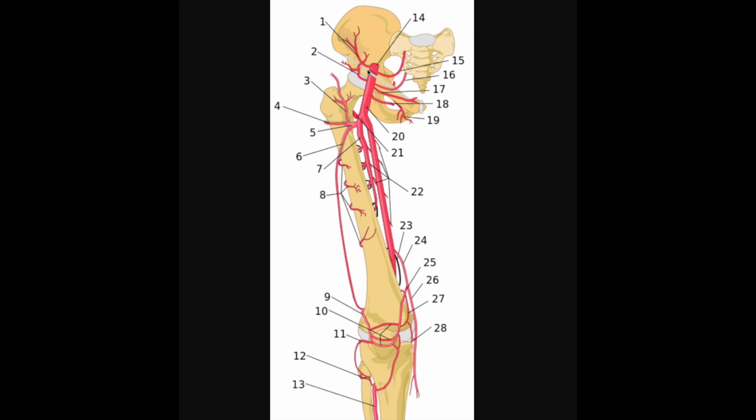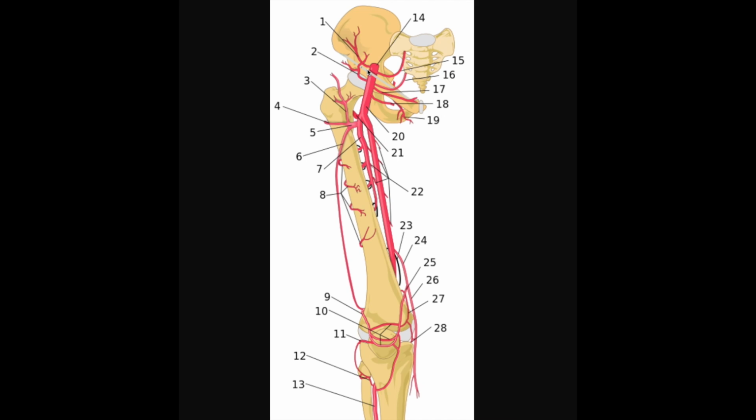This one was arising from a branch from the deep circumflex artery. So today I was able to do that treatment, and we embolized a deep circumflex iliac artery, and we were able to achieve control.